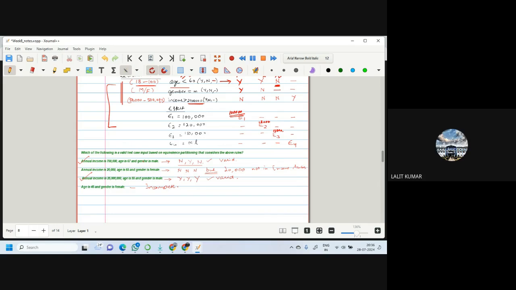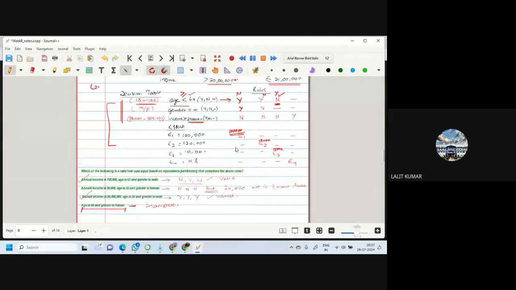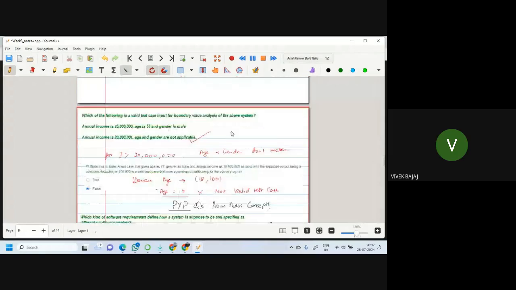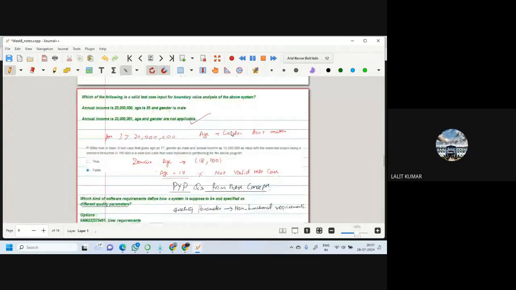Now we can see that age is 45, gender is female, but what is the lacuna in this? This is incomplete. Here we have the question: which of the following is a valid test case input for boundary value analysis of the above system? Annual income is 25, age is 55, gender is male.